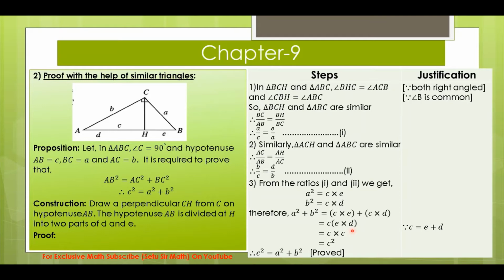And just from the figure you can see c equals e plus d, they are divided into two parts. So c multiplied by c, that would be c square. Therefore we can write c square equals a square plus b square, that is the desired result.